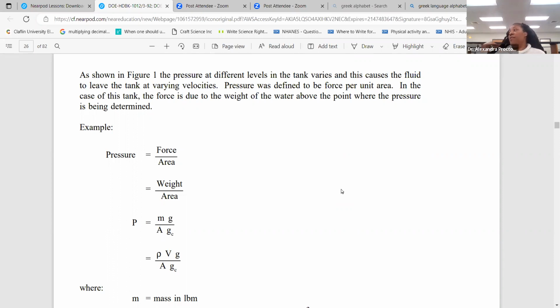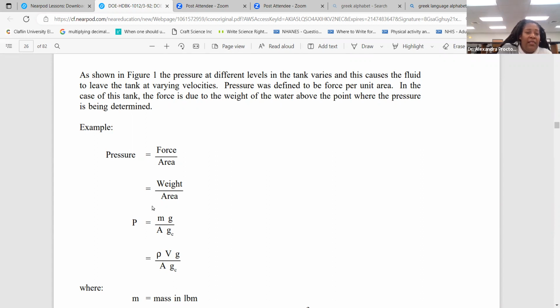Force is equal to mass times acceleration, but in this case we're talking about acceleration due to gravity, so force is equal to mass times g, or m times g, which is acceleration due to gravity, and then they substitute in weight. Weight is also equal to mass times gravity, so that's why we can make that substitution here.